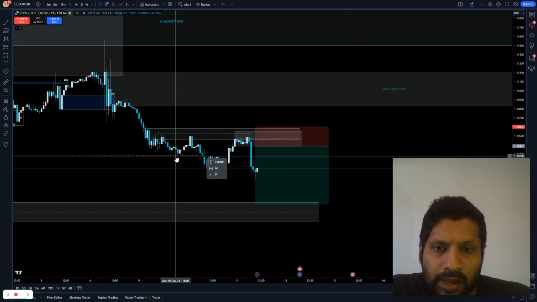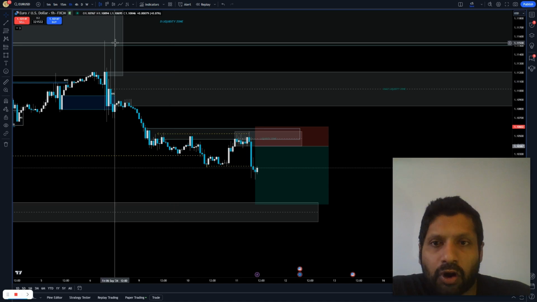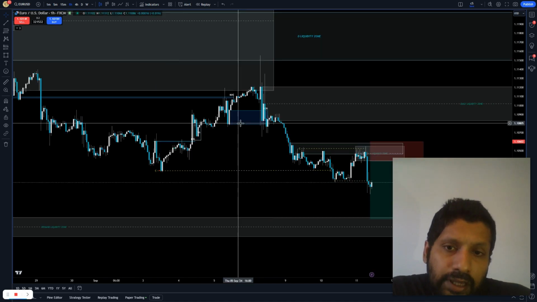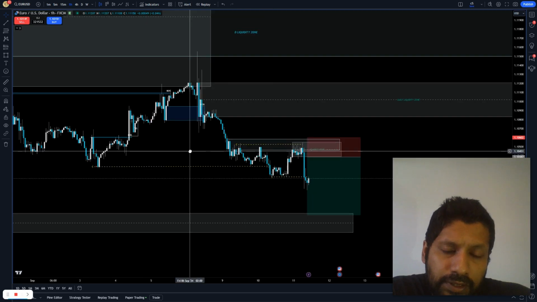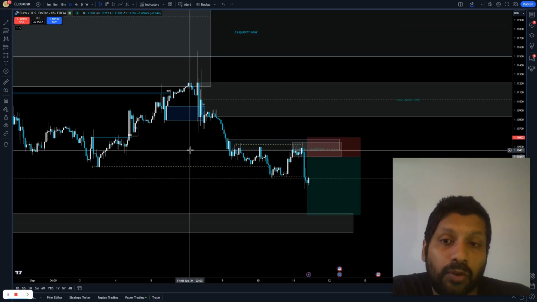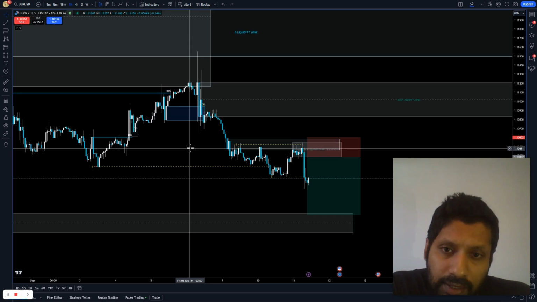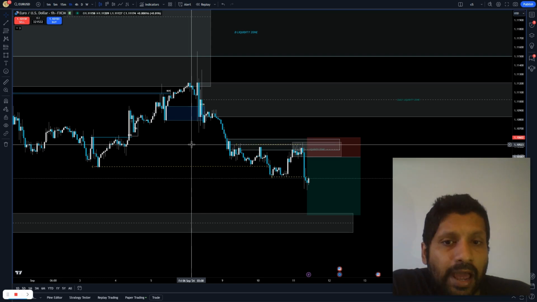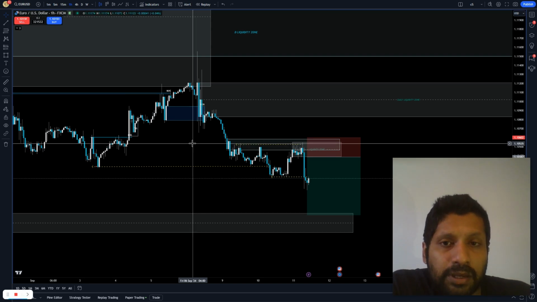So what I have done here, to summarize, is observe the market efficiencies. First, I've observed the market direction in the weekly, the daily, and the 4-hour, and we have identified the major liquidity zones in the weekly time frame. We've marked them, figured out whether we are close to the buy side or the sell side liquidity, and based on that, we have moved down to the smaller time frames.